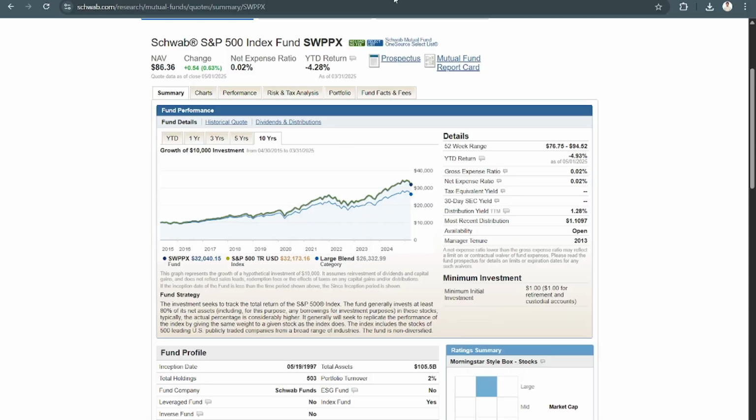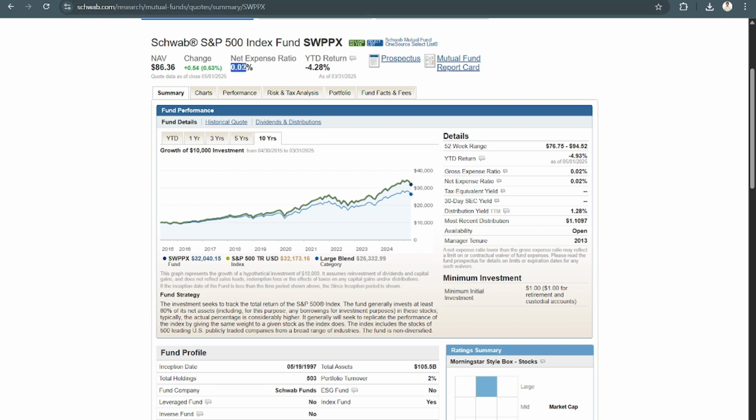And then we also have the Schwab S&P 500 index. So the SWPPX, its minimum investment is only $100, and automatically it deposits around $100 deposit. Otherwise, it can charge you around $1,000 per month or per year rather, and its expense ratio is lower than that of the Vanguard.